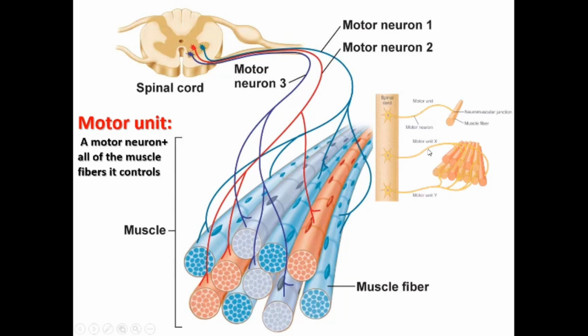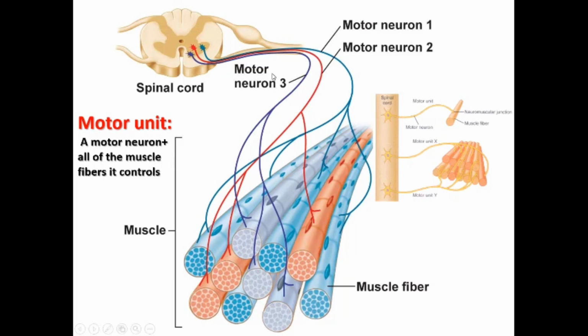But when the motor neuron innervates a large number of muscle fibers, this creates a coarse movement. For example, the back muscle, the striated muscle of our back, called the erector spinae muscle. A motor neuron plus all of the muscle fibers it controls is called a motor unit.